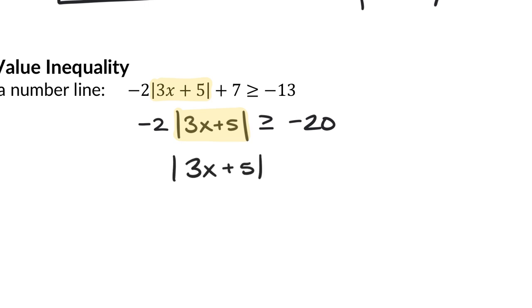This is why we want to do this step first, because we might have to flip that symbol over to the opposite sign. This is no longer a greater than symbol. It is now a less than symbol, which means we are going to solve a compound inequality for less than, because it's an and statement.